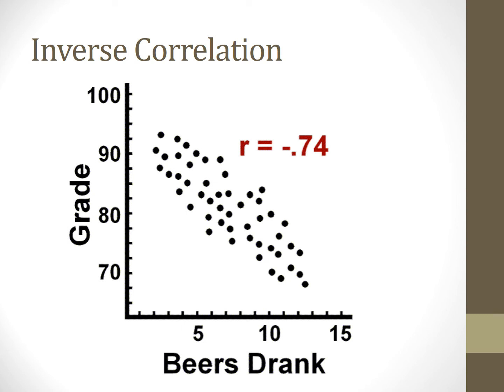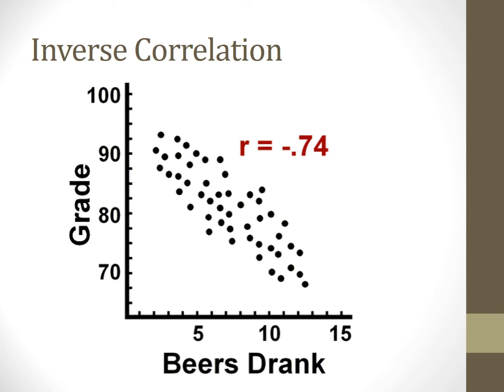A negative or an inverse correlation looks like this. And here the actual R is a negative 0.74. And remember, anything with a negative 0.4 and lower is socially significant. Here we're looking at what one receives as a grade on a test, and the number of beers somebody drinks.